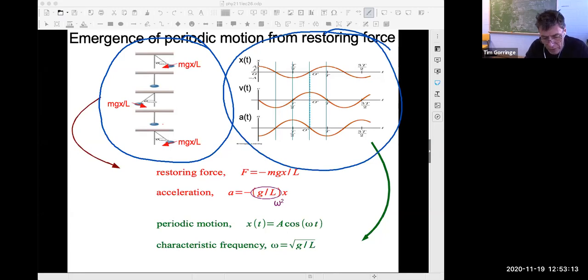So here would be position versus time, this sinusoidal curve, velocity versus time. It also obeys this sinusoidal curve. Acceleration of the mass on the string also obeys this sinusoidal curve. They all emerge from this linear restoring force.